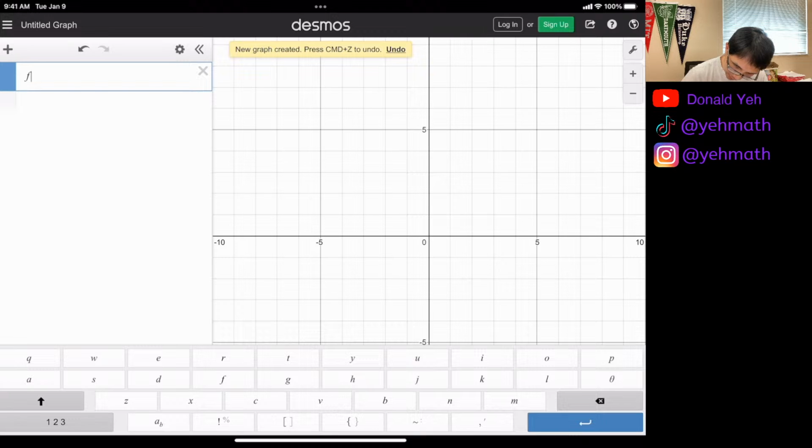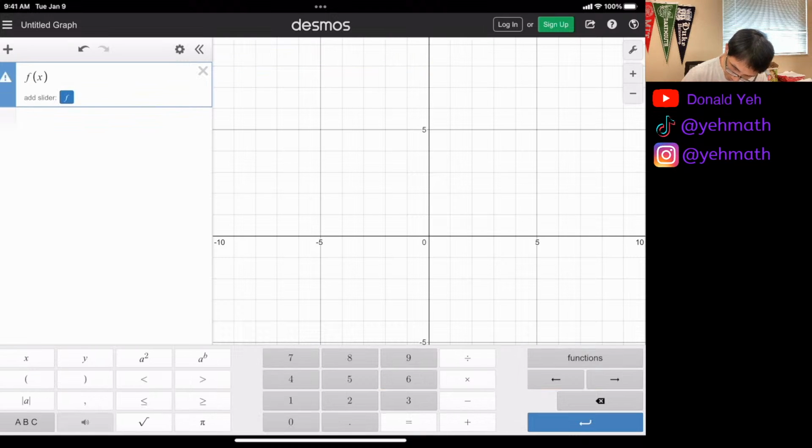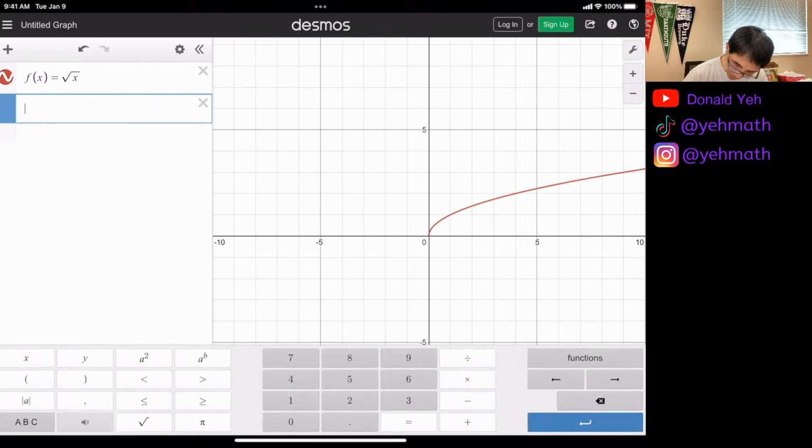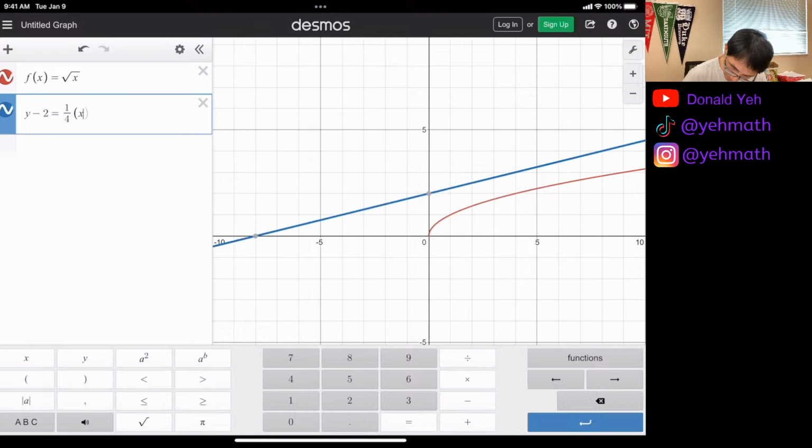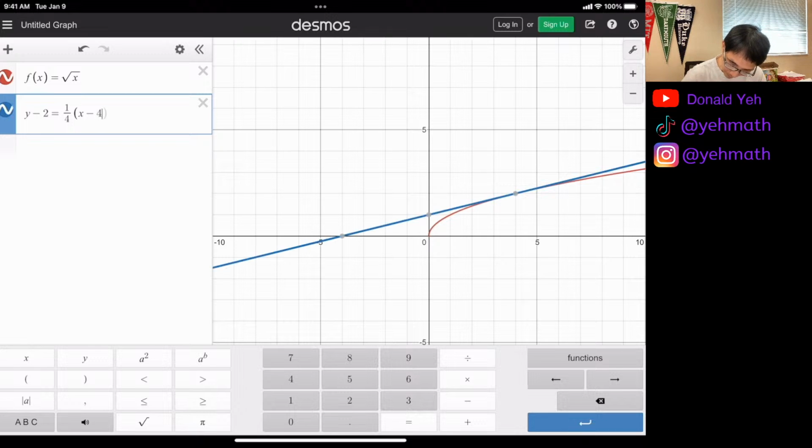Is f of x equal to square root of x, right? What do we say? y minus 2 equal to 1/4 times x minus 4, right? Is that right? x minus 4, because I plug in 4 for x, right? I think you messed up.